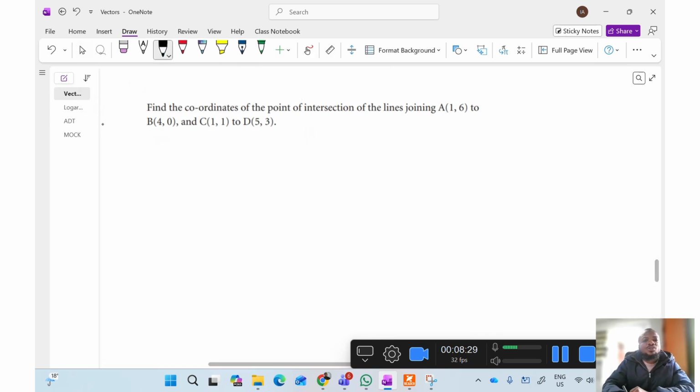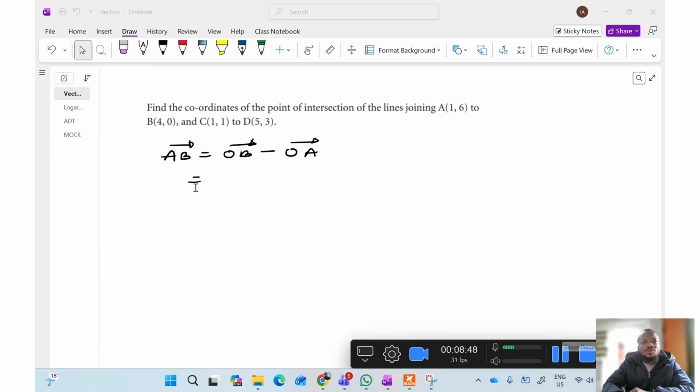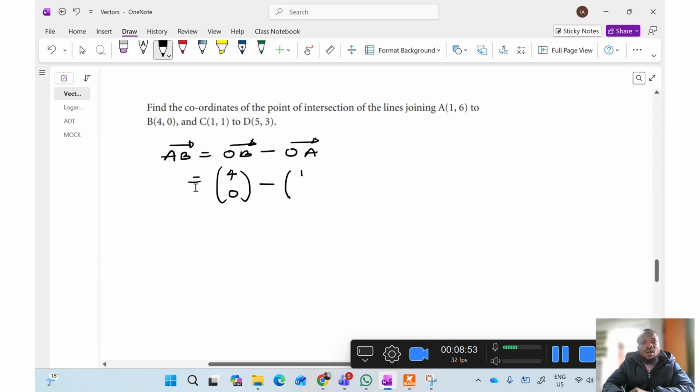So AB will be equal to OB minus OA, and OB is 4, 0 minus OA, which is 1, 6. So that means AB is 4 minus 1, 0 minus 6. So this is AB.